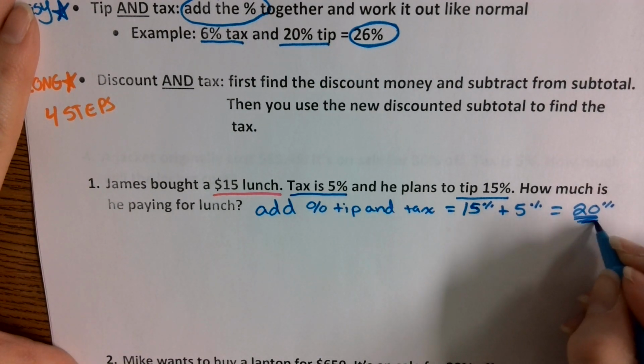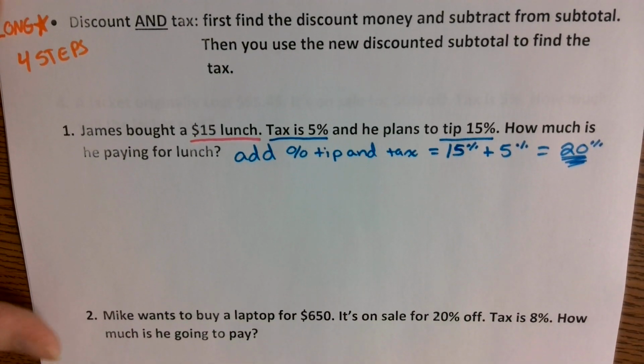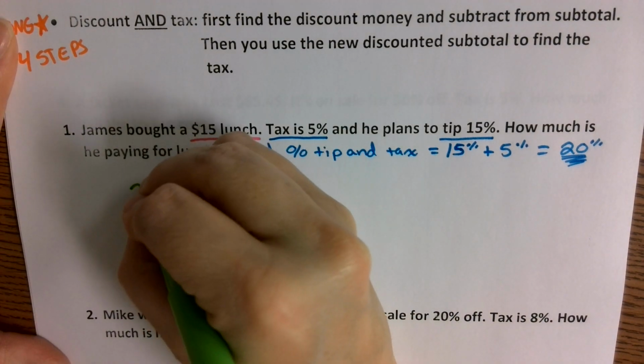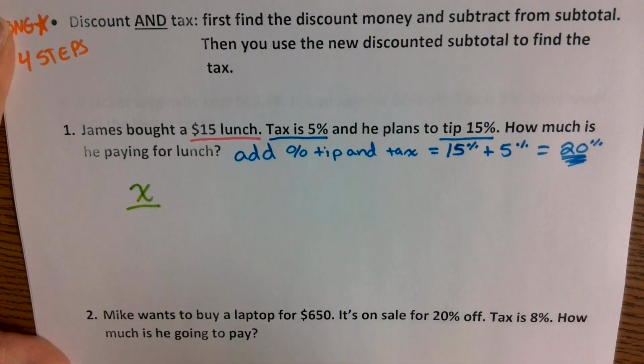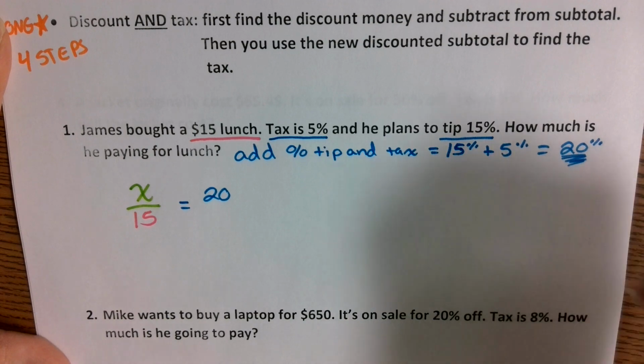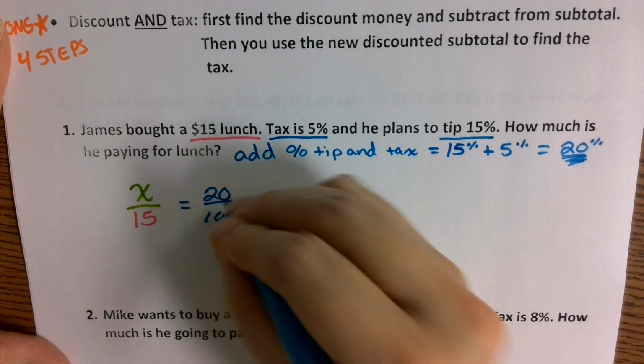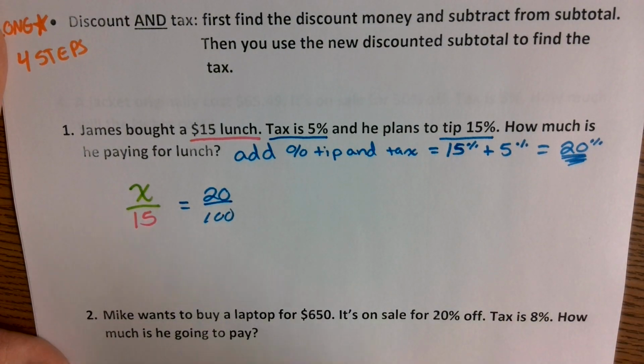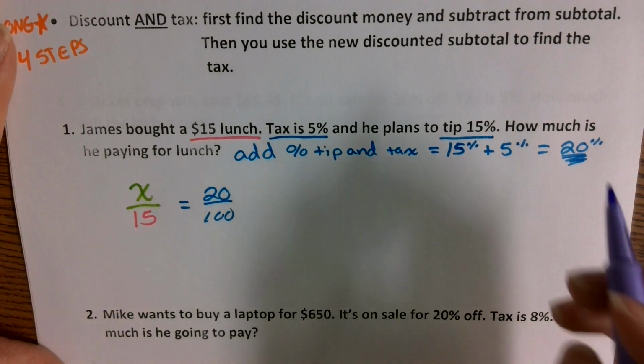This is the percentage that I'm going to use for my problem. And how do I always set it up? I set it up as X over the whole equals the percent, which is 20 now, over 100. Same process over and over and over again.